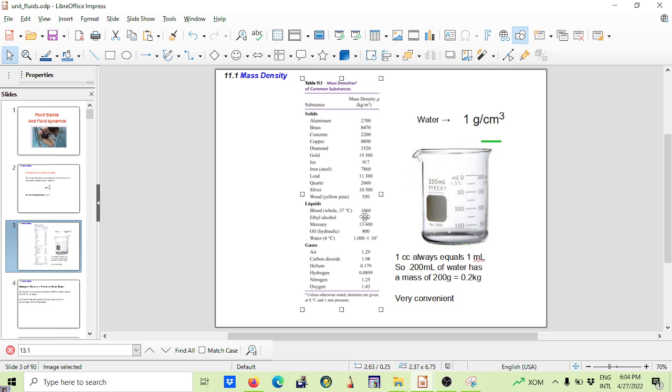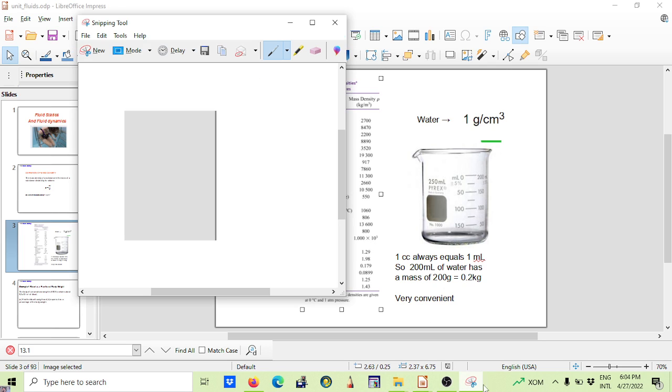Blood you have about 1060, and water has a density of about 1000. So blood has a density a little bit larger than water. You see, a little bit higher. So the density of water is going to be 1000 kilogram per cubic meter.